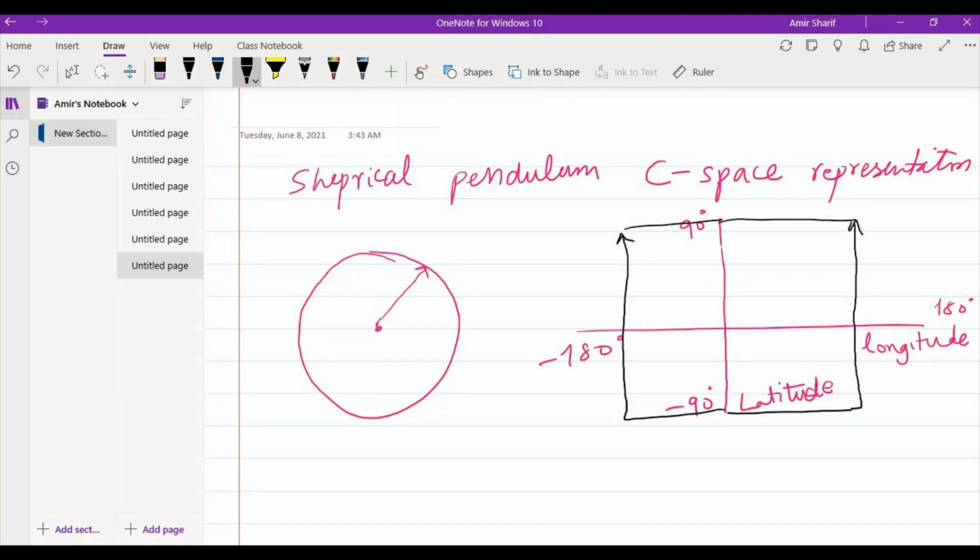So this will be the C-space representation of a spherical pendulum. So we have represented it in explicit form with longitude and latitude.